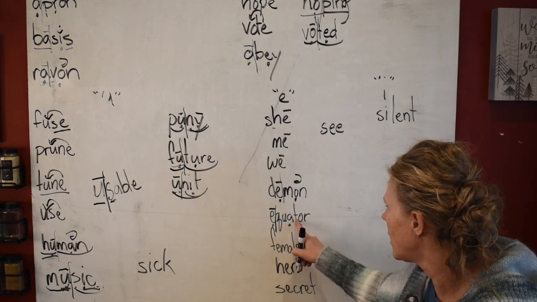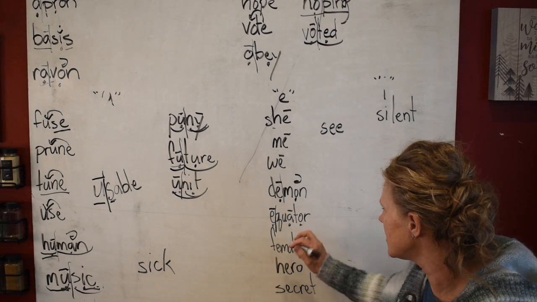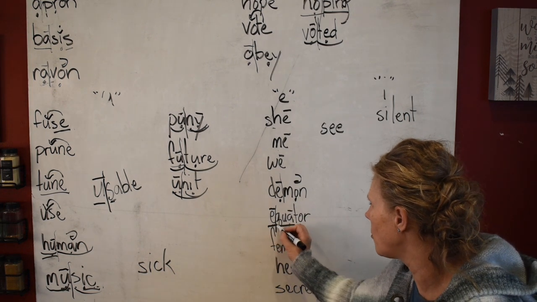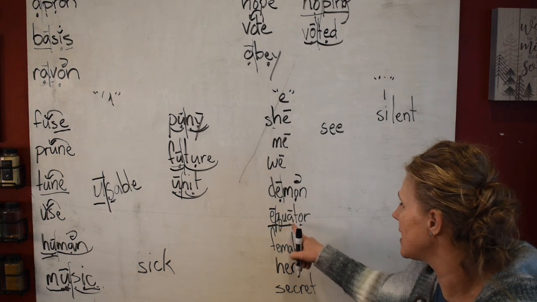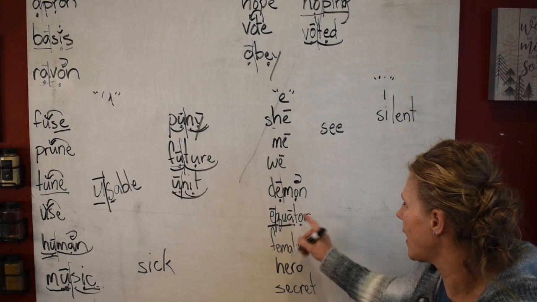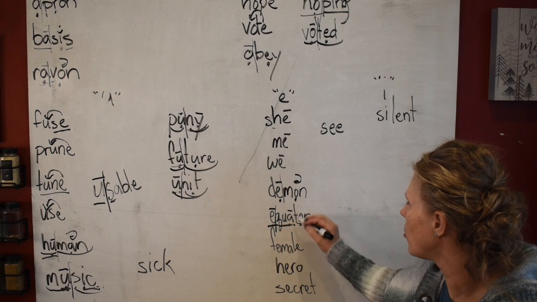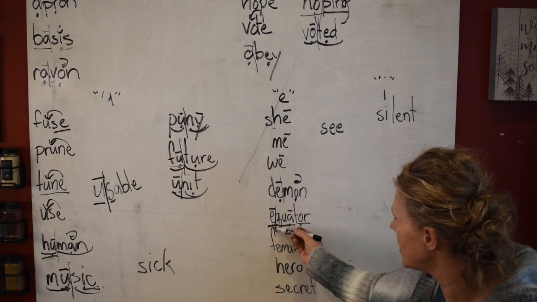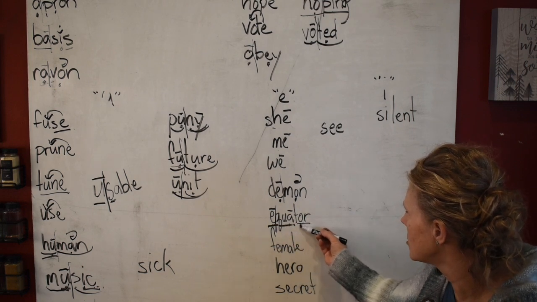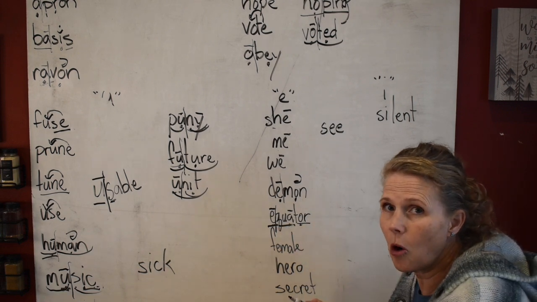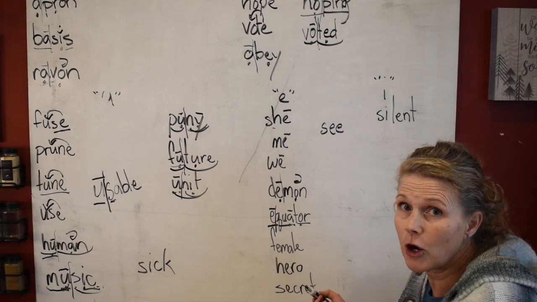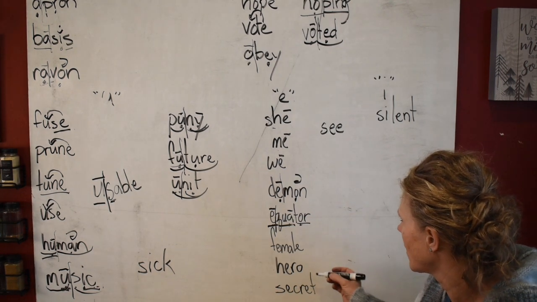E, qu, A. This is another open syllable, and this is the accented syllable. The A is saying A. E-qua, and then ter. This is a vowel R syllable. Equator. Now remember, OR at the end of words says er and not or.